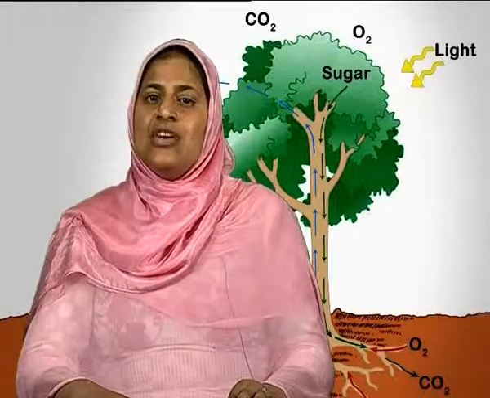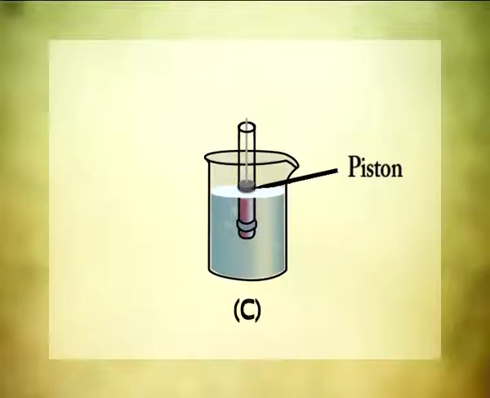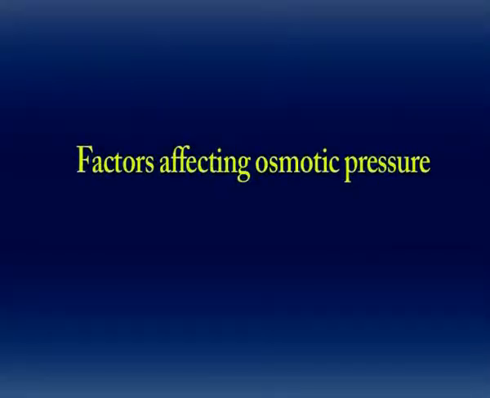C represents the osmotic pressure. Osmotic pressure is measured as the force that must be applied to return the solution in the tube to the level of that in the beaker. This force is proportional to the height h of the column in figure B. Now, the various factors affecting the osmotic pressure.